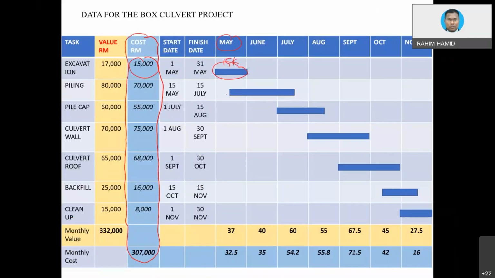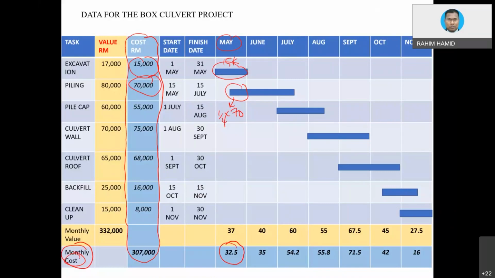Then 1/4 times 70. Instead of using 80, we are now using 70 because we are calculating the monthly cost. So 15 plus 1/4 of 70, you will end up with 32.5.